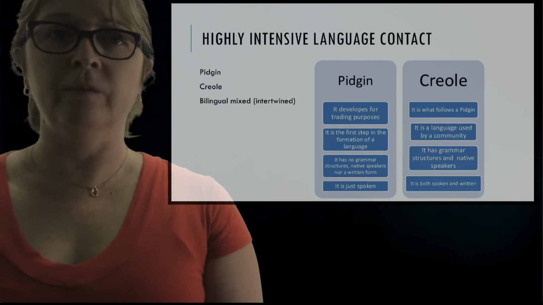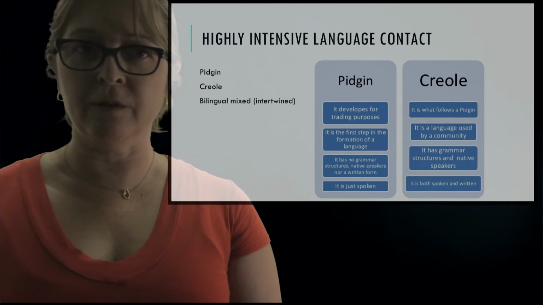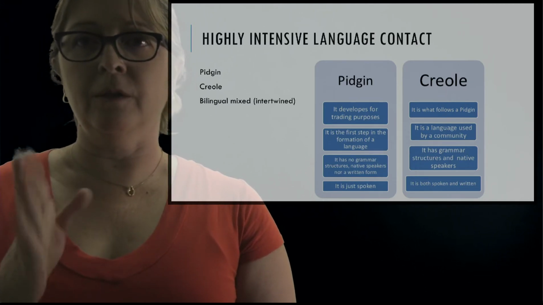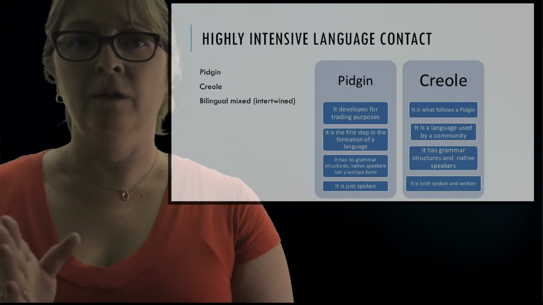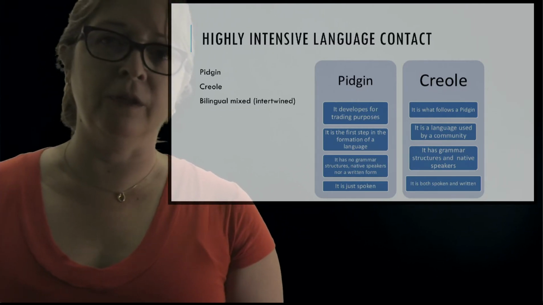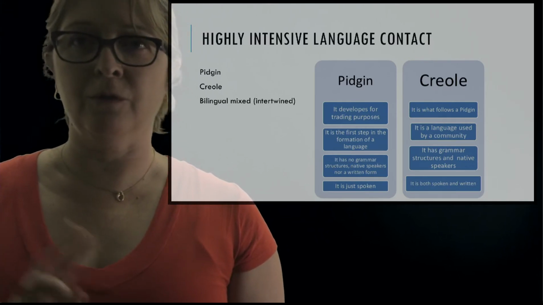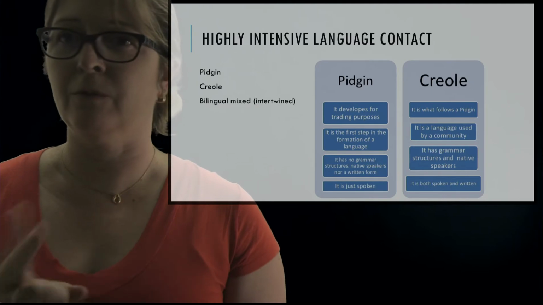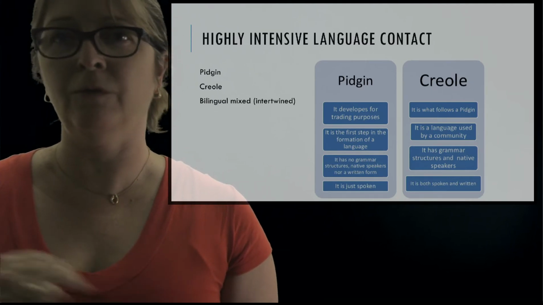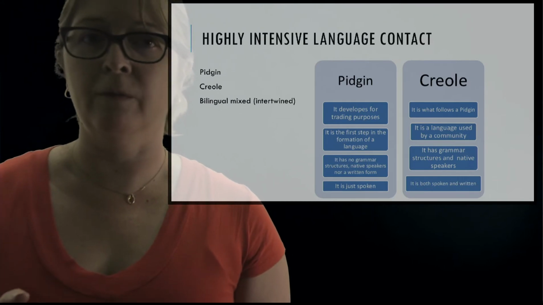So Pidgin develops for trading purposes. Pidgin is the very beginning of forming a new language. It generally has very few grammar structures, or goes back and forth from two or three different languages with the structures until that's more established.